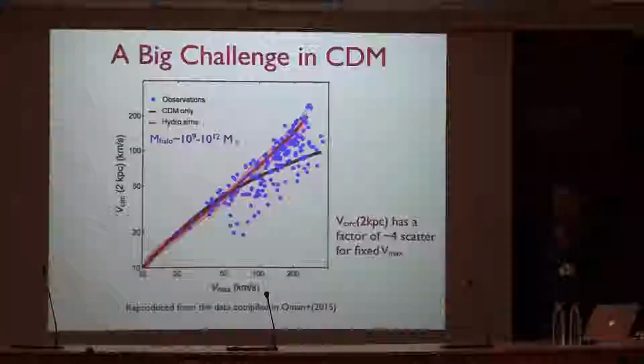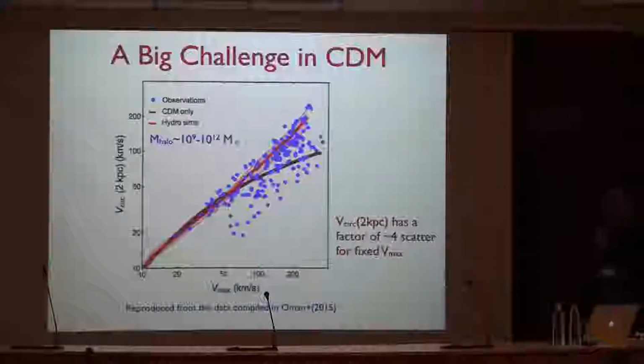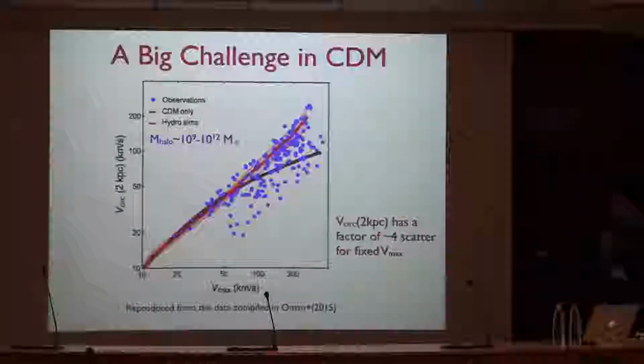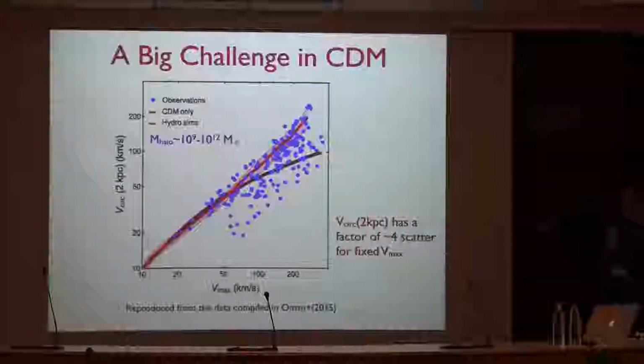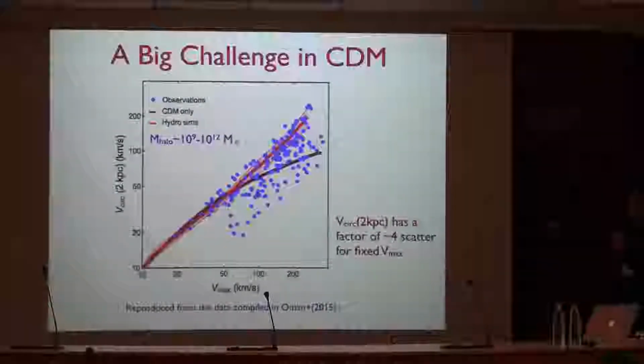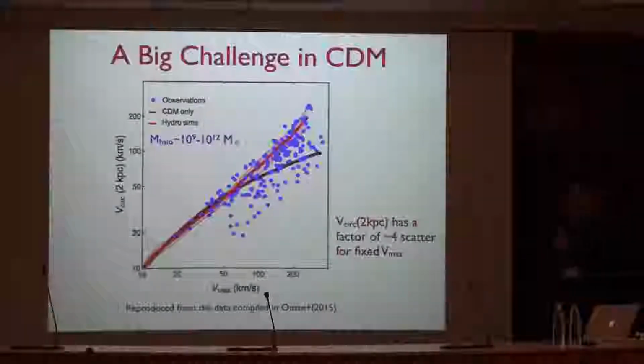Then you compare with the predictions. The black curve is from lambda CDM predictions. This is the median value, shown here. And if you add baryons, those are from hydro simulations with some assumptions, you can get this, right? And they are not able to explain the diversity.